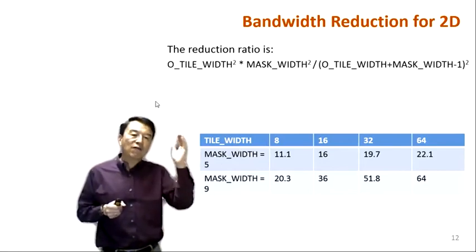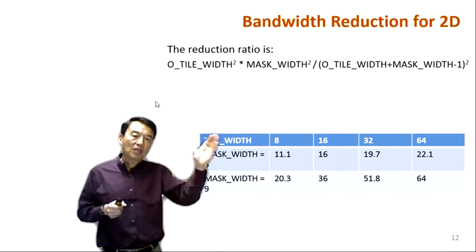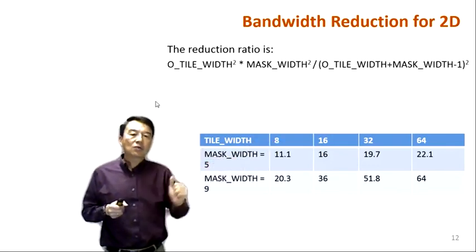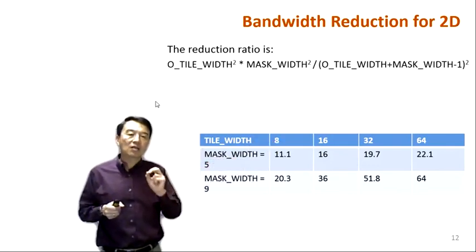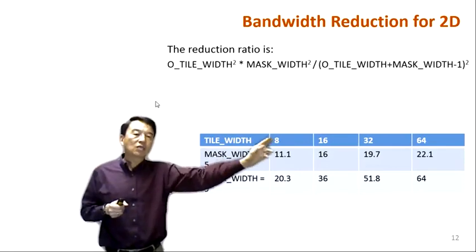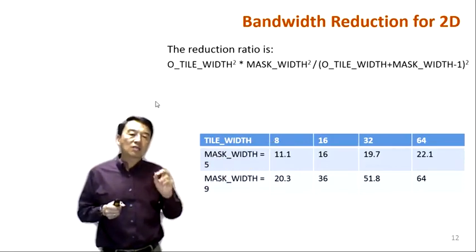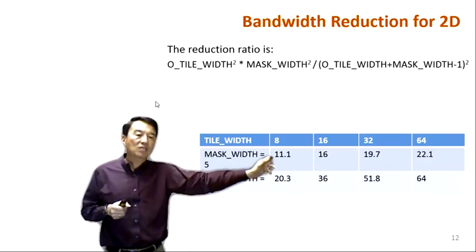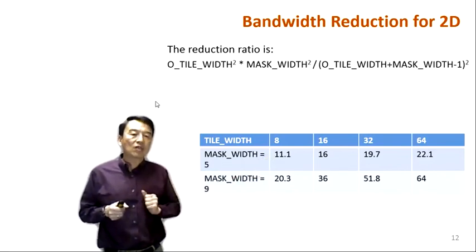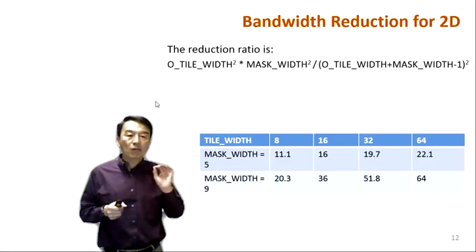So it gives us 400 threads in the block. And if we use 32 output width, then it gives us 36 times 36 threads in the thread block, which already exceeds the maximal number of threads we can have in each thread block. So even though the 19.7 and 22.1 numbers are kind of interesting, they're not practical. We will not be able to use those numbers for our kernel.